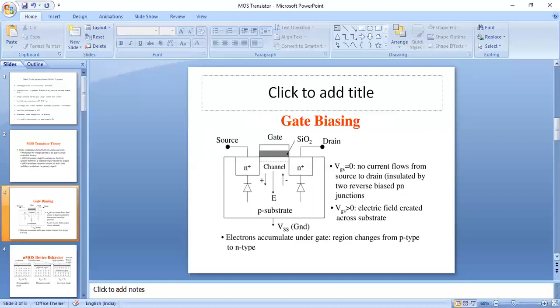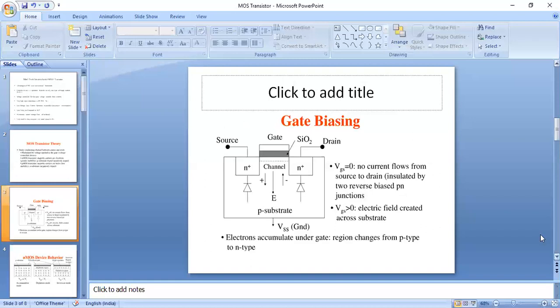However, a voltage applied to the gate which is positive with respect to the source and the substrate produces an electric field across the substrate, which attracts electrons towards the gate and repels holes. It always attracts the electrons towards the gate and repels holes. If the gate voltage is sufficiently large, the region under the gate changes from P-type to N-type.